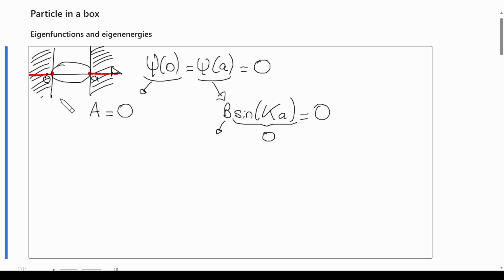But we know that it's not 0. So B cannot be 0. Therefore, it is the sine of kappa a which is 0.